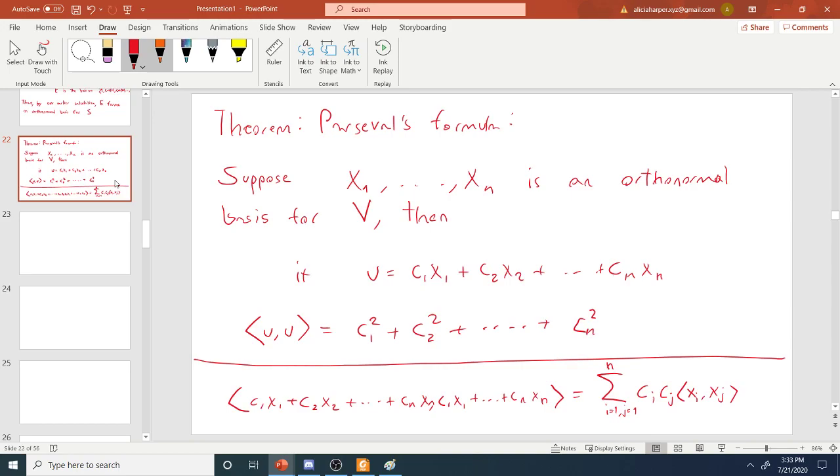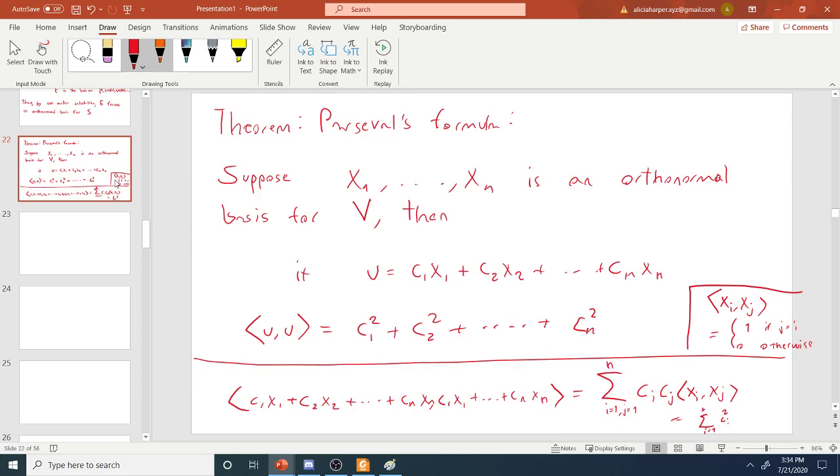But we've assumed that these form an orthonormal basis, so that tells us that the inner product of xi with xj is equal to 1 if j is equal to i and 0 otherwise. And so this here just ends up being equal to the sum of the Ci squared, where i goes from 1 to n, because all the other terms where i is not equal to j just vanish.